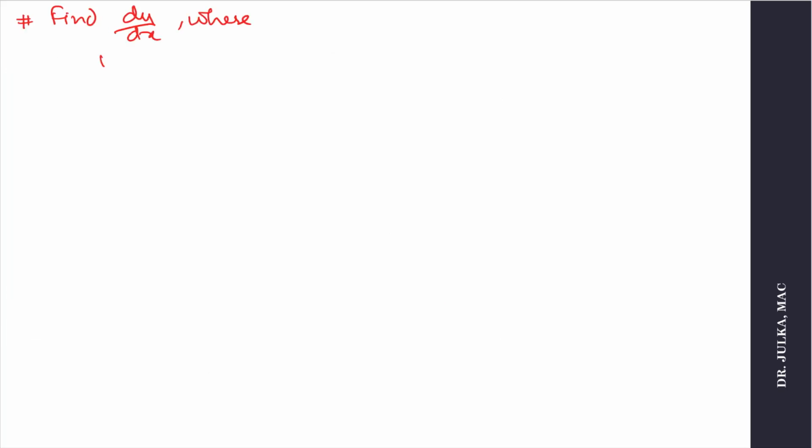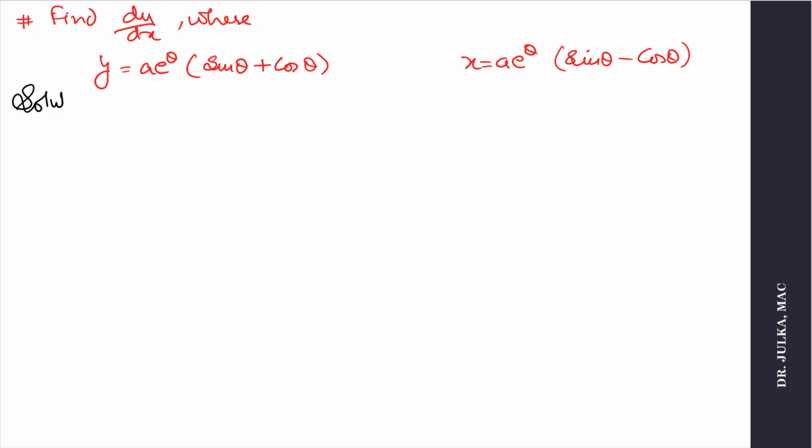Next question. Find dy by dx where y equals a e raised to the power theta multiplied by sin theta plus cos theta, and x equals a e raised to the power theta multiplied by sin theta minus cos theta. Again here y and x are functions of theta. So we will differentiate with respect to theta.